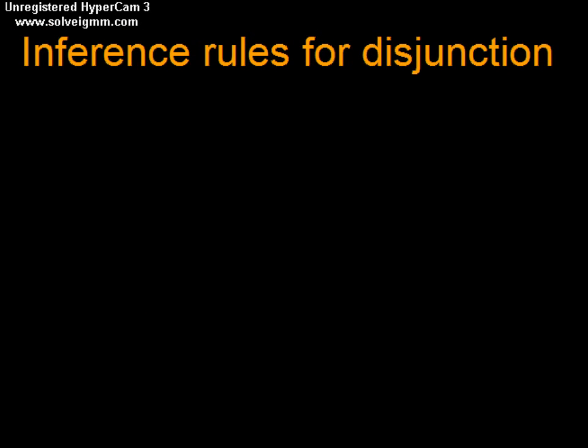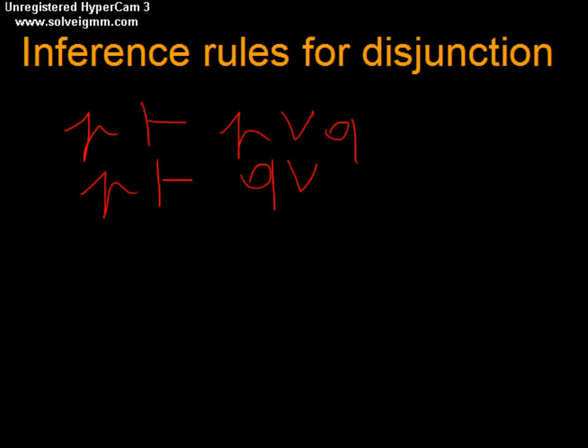The next two inference rules are for disjunction. Disjunction means or. And it says that from P we can always infer P or Q, where Q is an arbitrary formula, so no matter what. And of course from P we can always introduce Q or P, so the order doesn't matter.